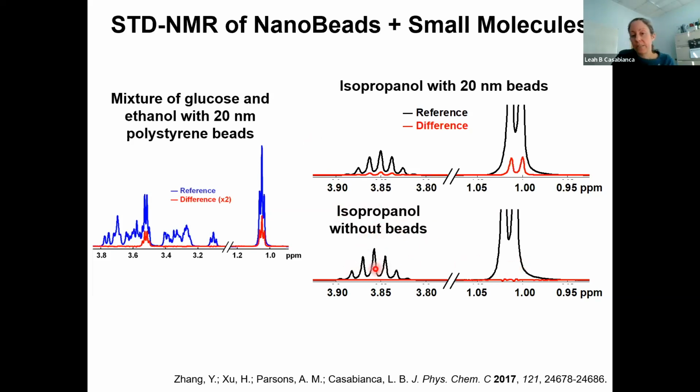And in this case, we don't see any STD effect. So this gives us confidence that we're actually seeing polarization transfer from saturating the receptor and the saturation being transferred to the isopropanol instead of just accidentally saturating our ligand resonances or perturbing the ligand resonances directly during the saturation.